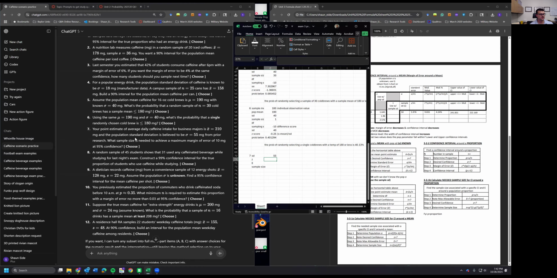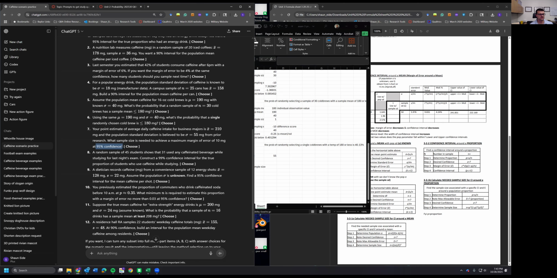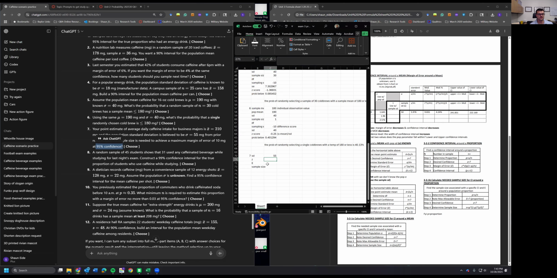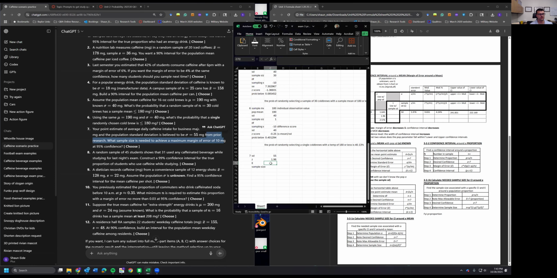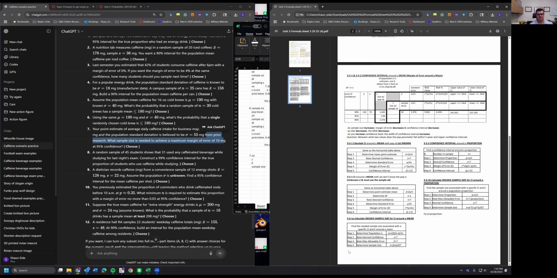The z-score, 95% confident, so the z-score for 95% confidence is going to be 1.96. The max allowable error is going to be the maximum allowable error of 10 milligrams. And so what is the needed sample size?